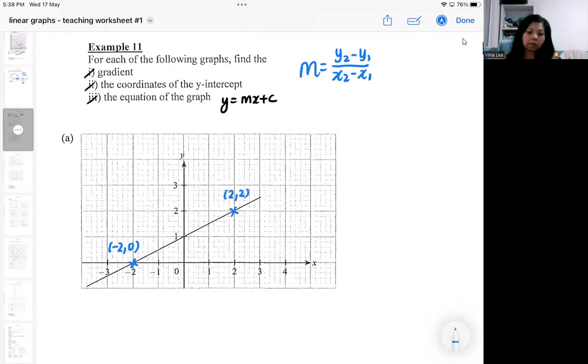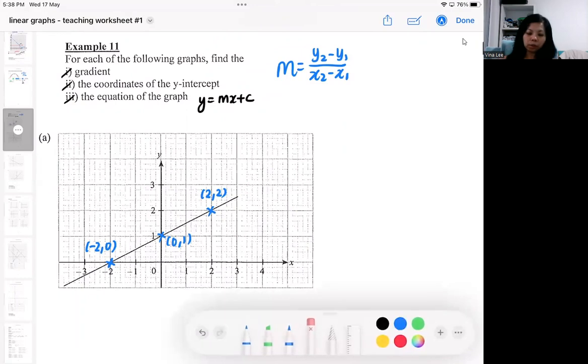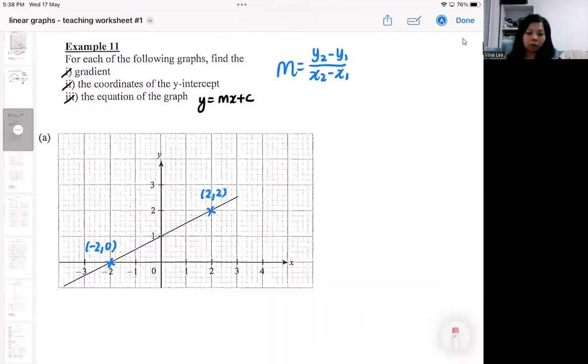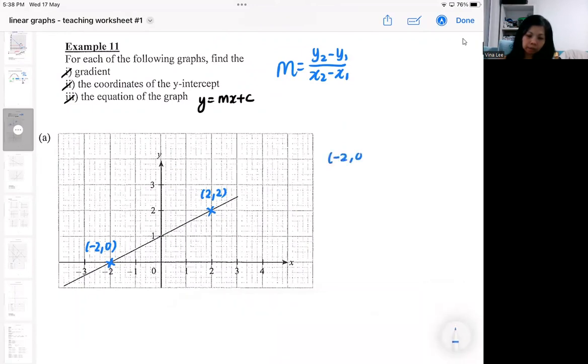You can choose these two coordinates, or some will be choosing this one. It's your choice, you just need to choose any two coordinates. Make sure you read the coordinates correctly. So these will be the two coordinates that you have chosen.